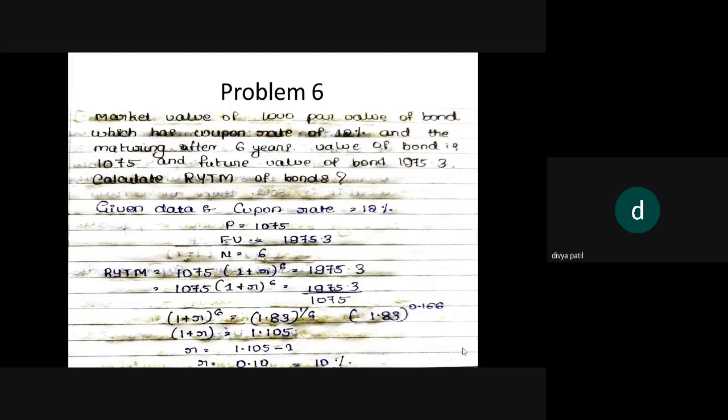Calculate realized yield to maturity of bonds. The given data are, they have given the coupon rate 12%, and the present value 1075, and the future value is 1975.3, and the number of years is n equals to 6 years.